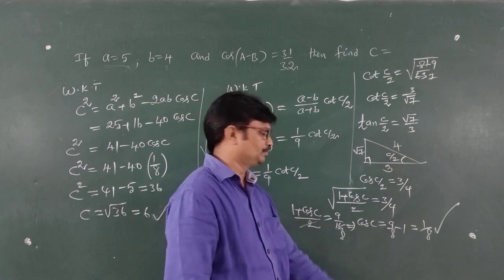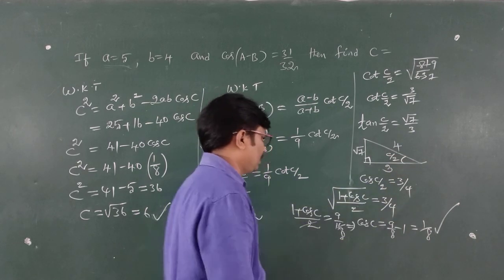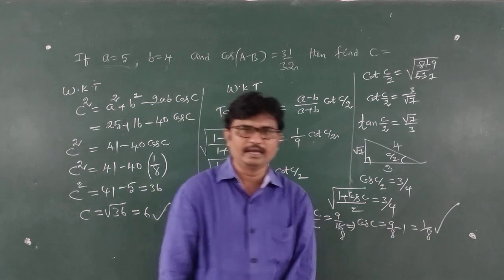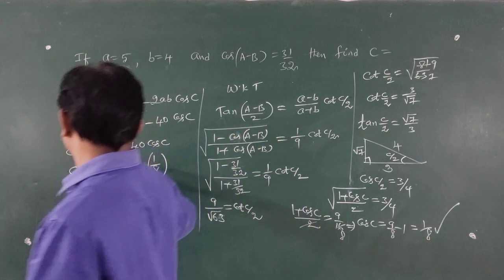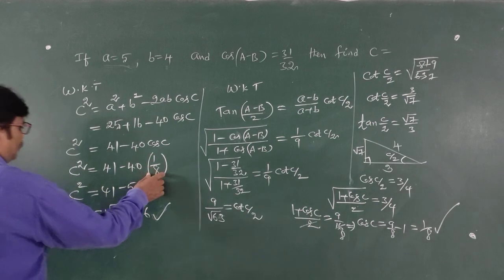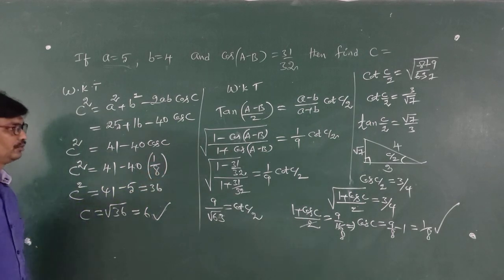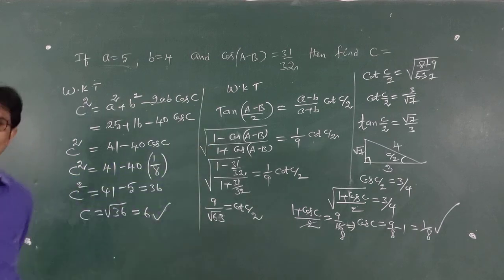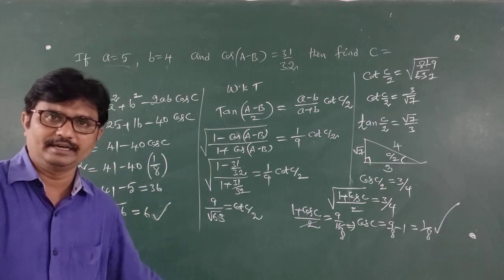Hypotenuse is 4. Cos C/2 equals 3 by 4. From this we have to find the value of cos C, 1 by 8. That is substituted in this. So c square equals 36. c is 6. Okay students, write down.